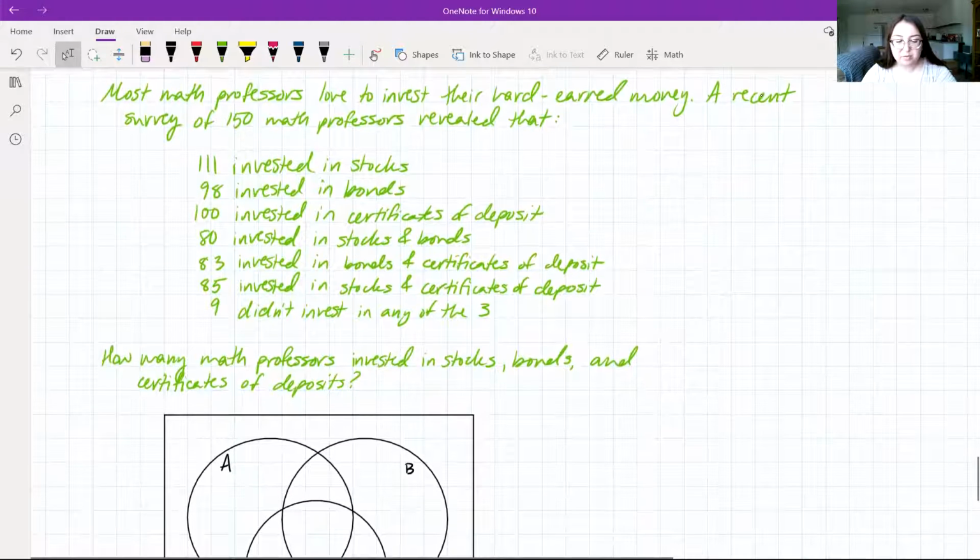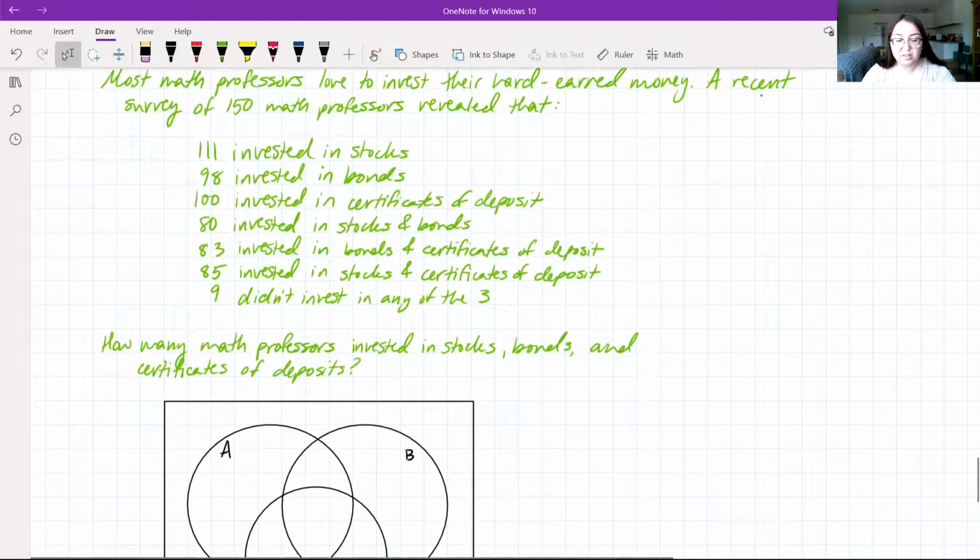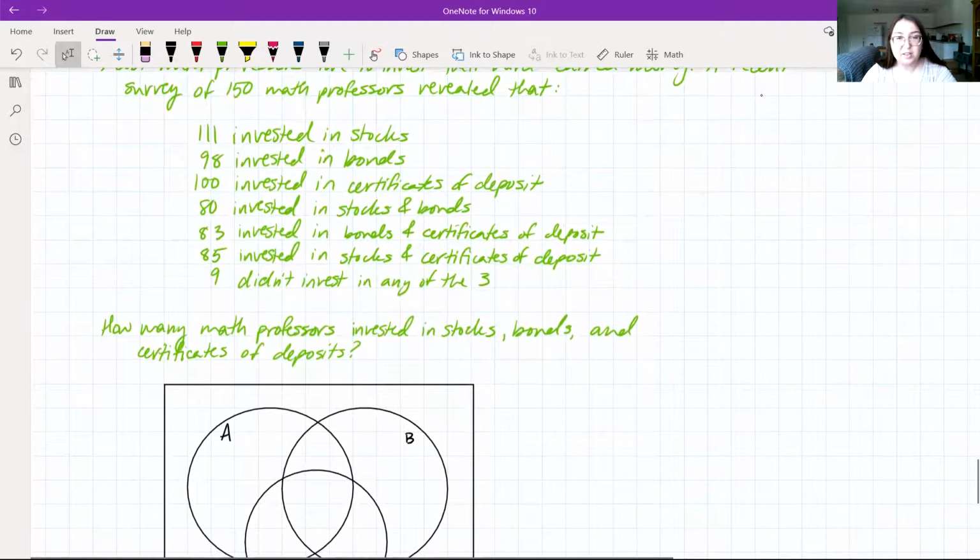A recent survey of 150 math professors revealed that 111 invested in stocks, 98 invested in bonds, 100 invested in certificates of deposit, 80 invested in stocks and bonds, 83 invested in bonds and certificates of deposit, 85 invested in stocks and certificates of deposit, but 9 didn't invest in any of the 3. So how many math professors invested in stocks, bonds, and certificates of deposit?